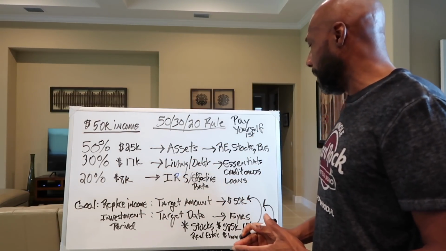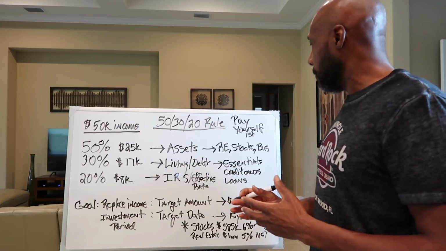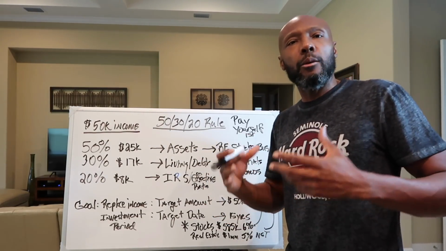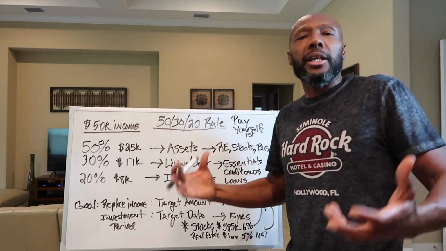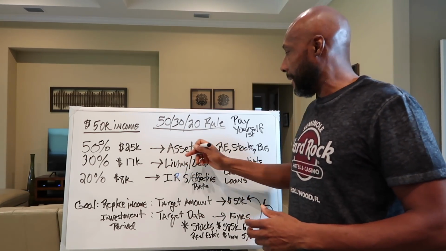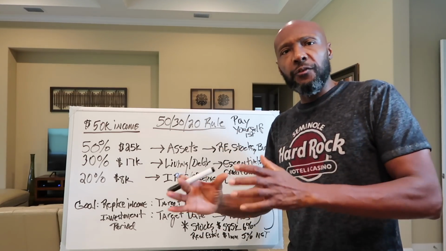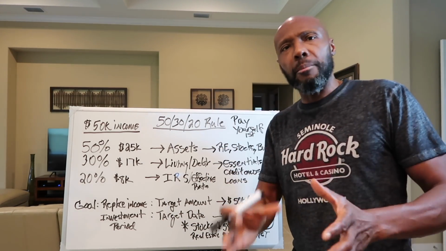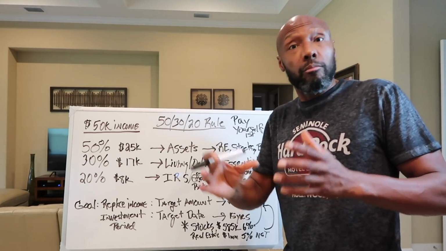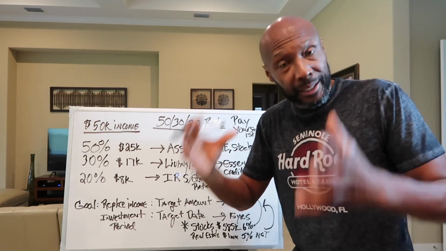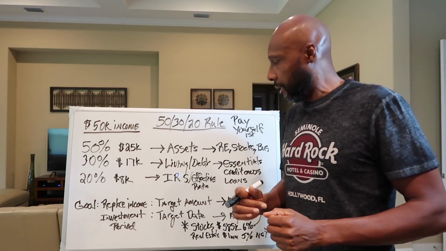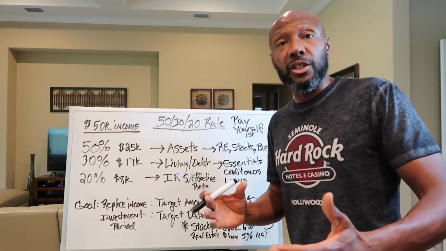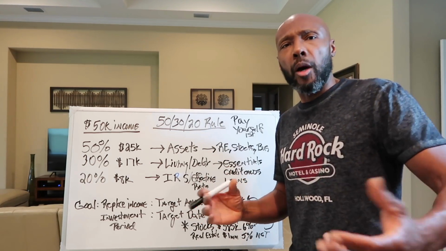Well, let's talk a little bit about how we accomplish this goal of creating wealth and replacing our income through assets. If our target date is 15 years, and our target amount is to build wealth and replace our $50,000 income, we certainly can accomplish that by investing in the stock market.